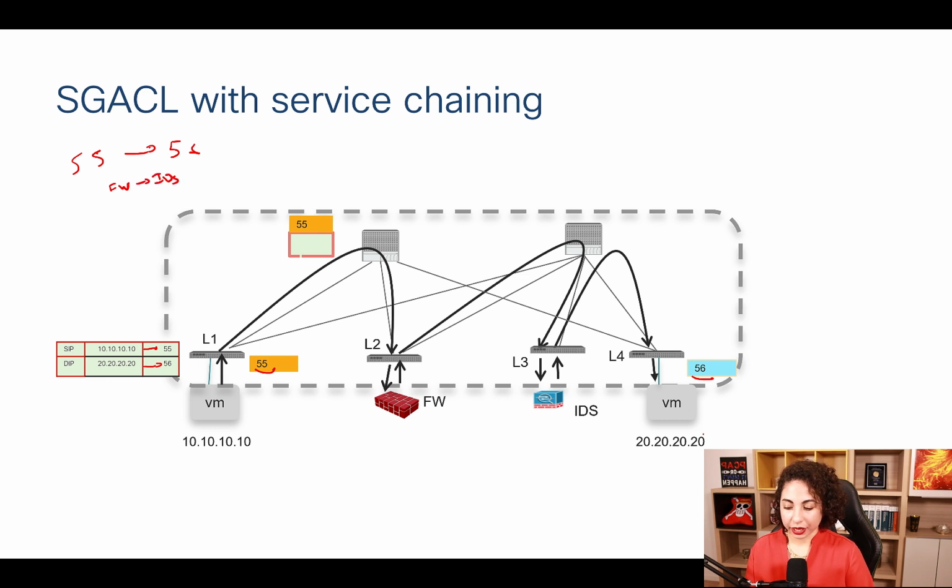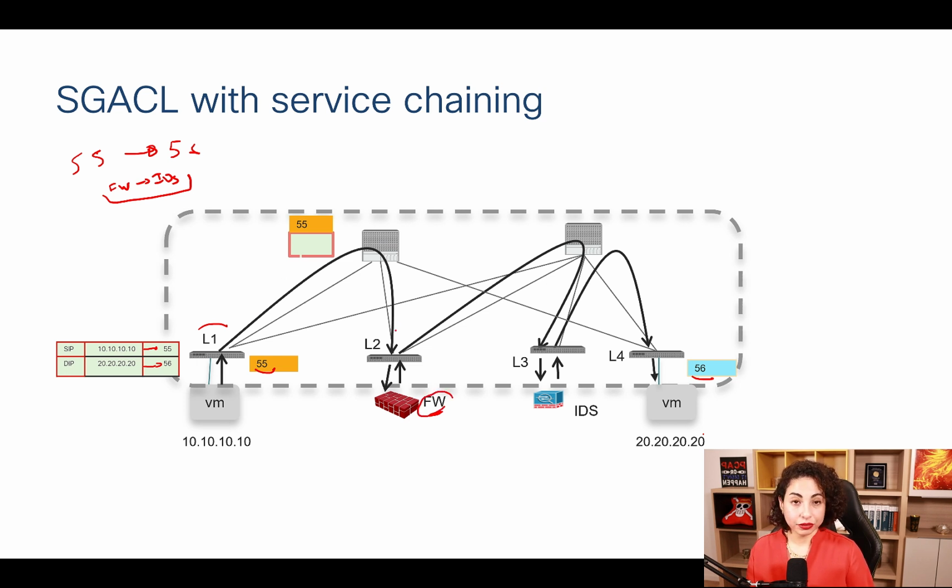Behind this arrow, we have this thing. Leaf 1 will apply the policy and redirect to the next hop. Obviously, it knows where the firewall is located because leaf 2 has announced the endpoint for the firewall thanks to a classic route type 2 update. So leaf 1 knows that the firewall is behind leaf 2.